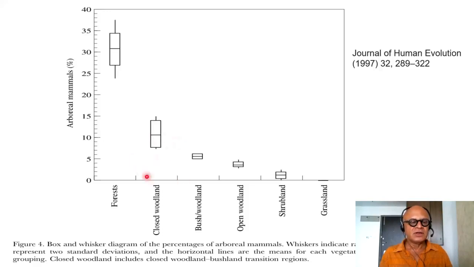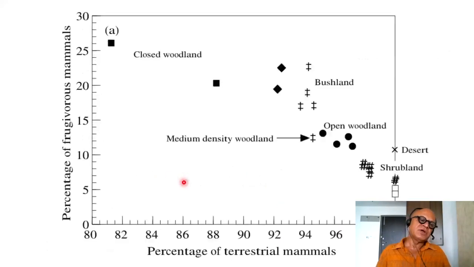Okay, so here closed woodland includes closed woodland bushland transition regions. Translating that also to percentage of frugivorous mammals. Here again you have percentage of terrestrial mammals, high in closed woodland, okay, in these regions, bushland, open woodland, medium density woodland, deserts, shrublands, and plains.